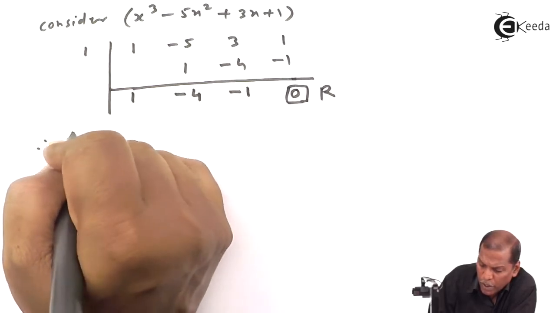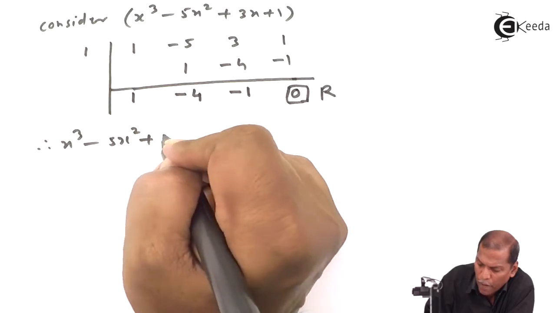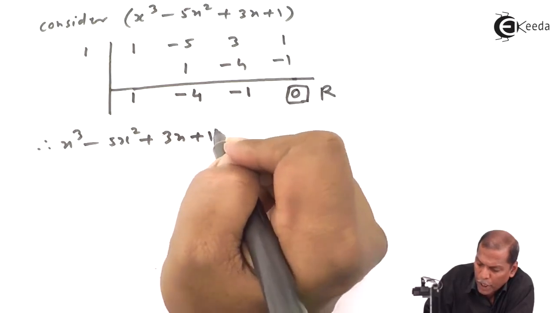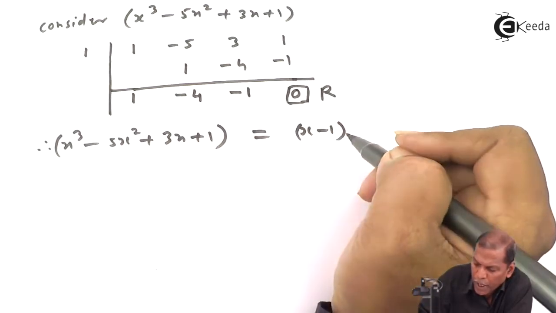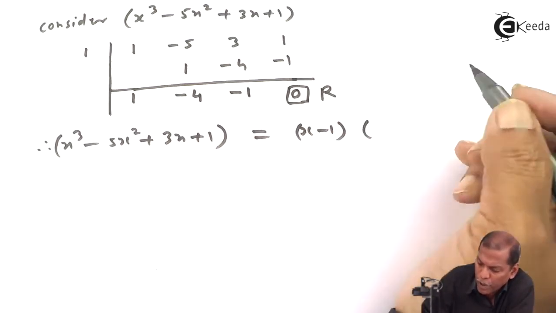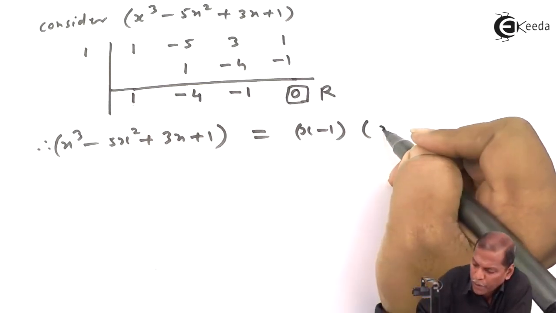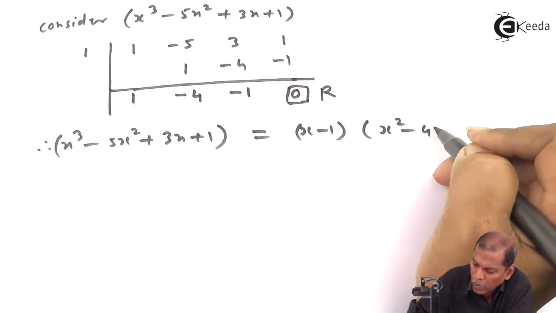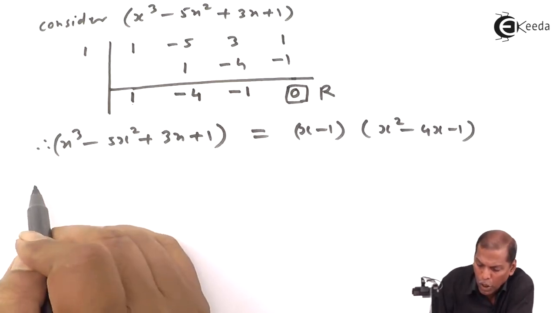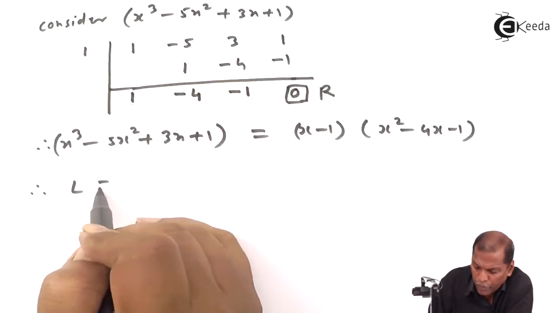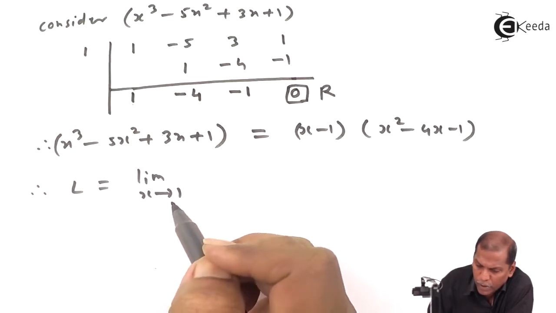So in this way, x cube minus 5x square plus 3x plus 1 can be factorized as x minus 1 as the first factor and then x square minus 4x minus 1 as the second factor. Therefore, the next step will be L is equal to limit x tends to 1.